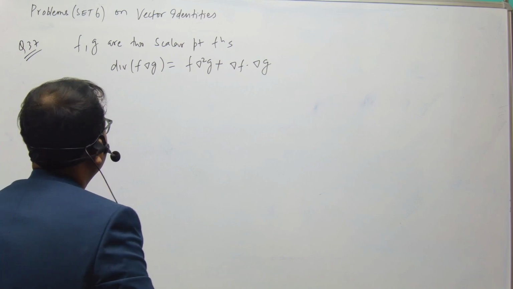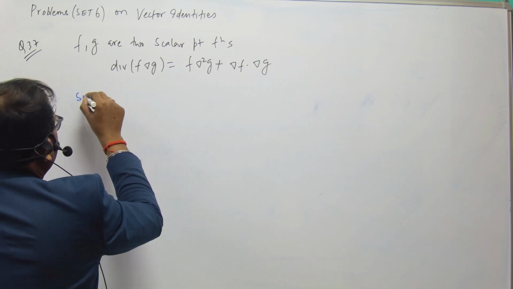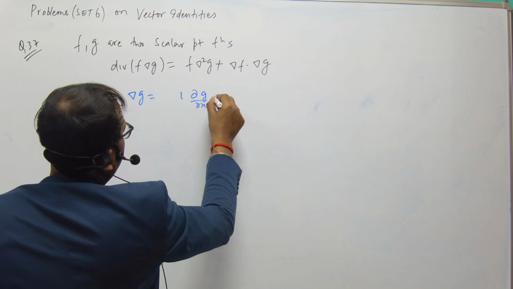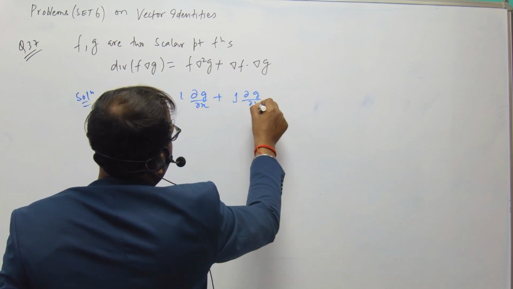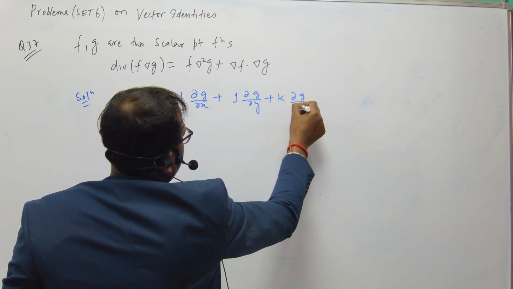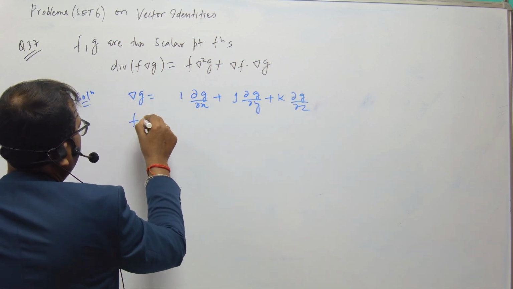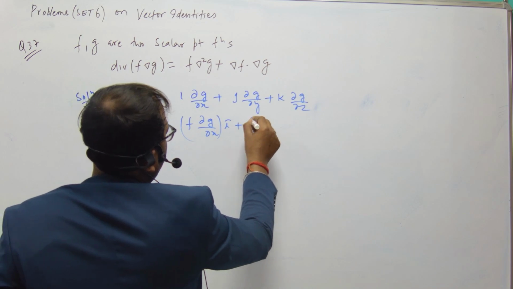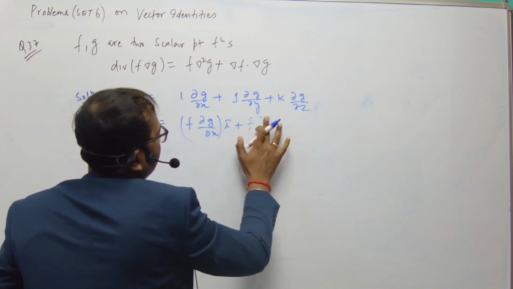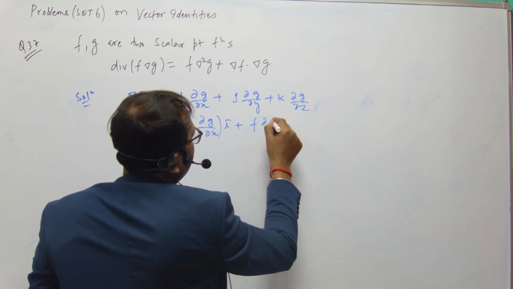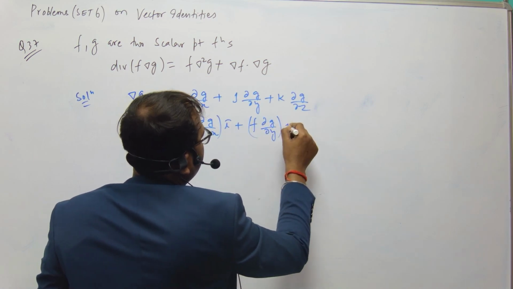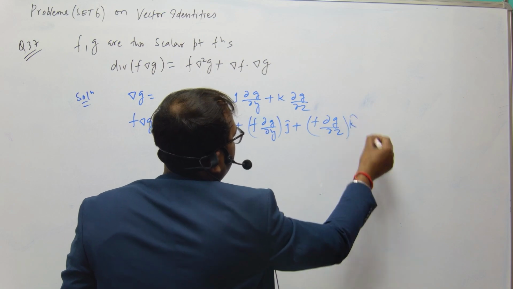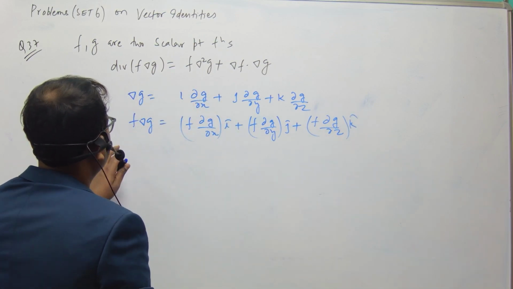Let us solve this. We have gradient of g equal to i times del g upon del x plus j times del g upon del y plus k times del g upon del z. f times gradient of g equals f times del g upon del x i cap plus f times del g upon del y j cap plus f times del g upon del z k cap.